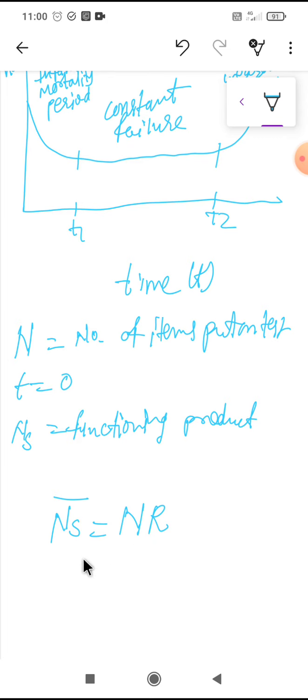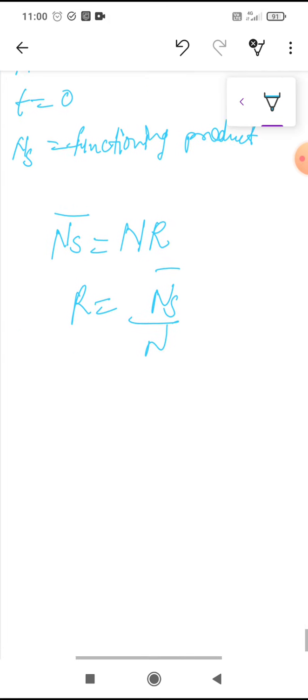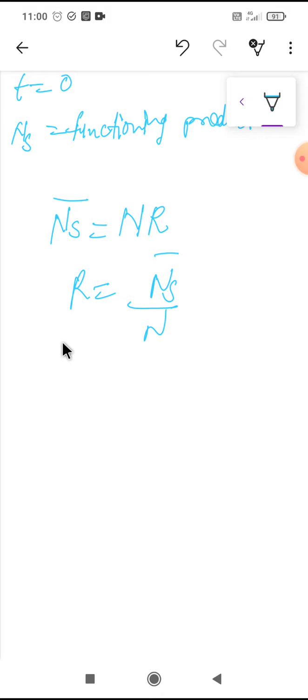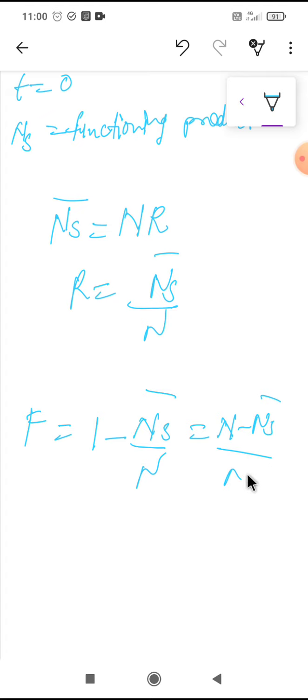So the reliability will be equal to Ns bar upon n. Also, reliability is equal to 1 minus failure rate, so failure rate is equal to 1 minus reliability. So it will be 1 minus Ns bar upon n, which we can write as (n minus Ns bar) upon n.